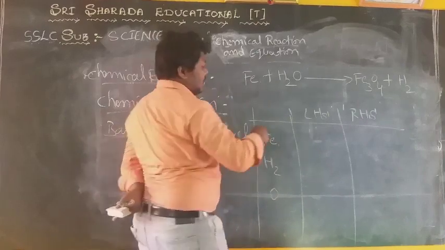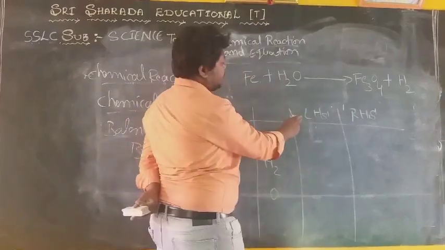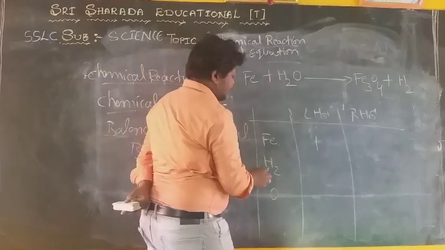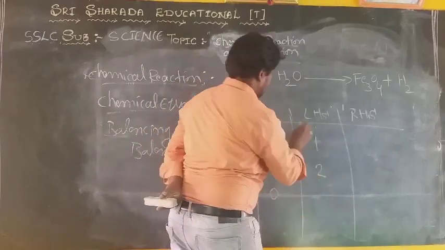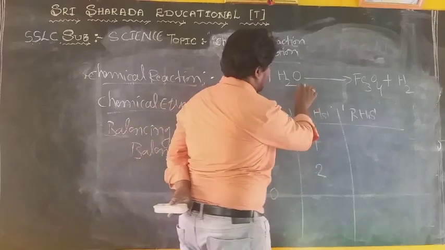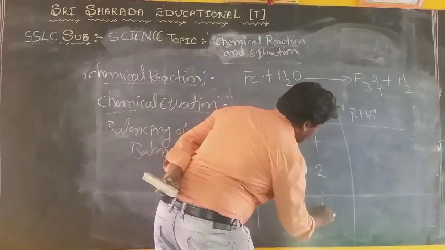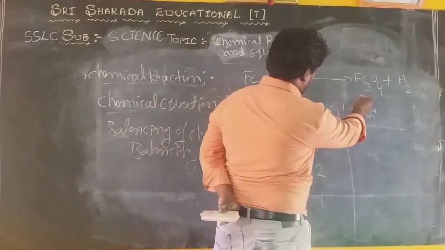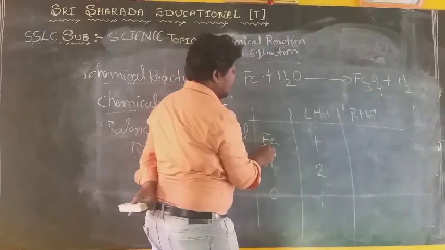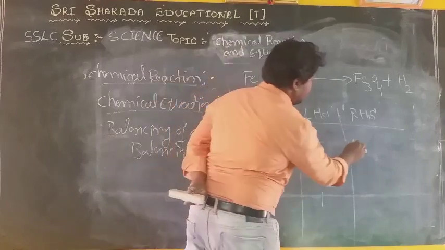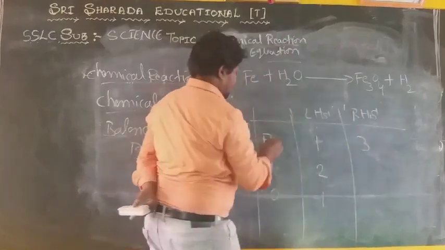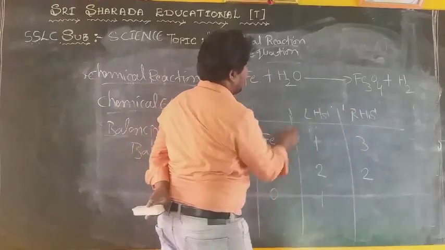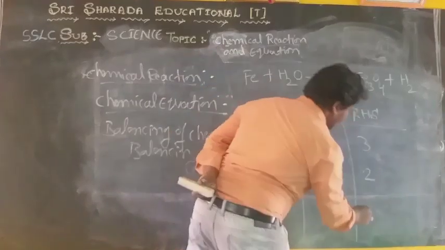The atoms present in the left hand side is Fe 1, hydrogen is 2, and oxygen is 1. In the right hand side, Fe is 3, hydrogen is 2, and oxygen is 4.